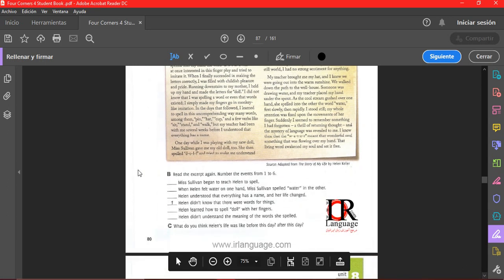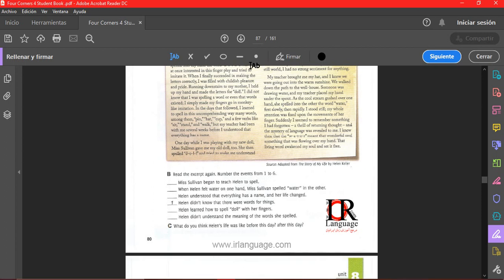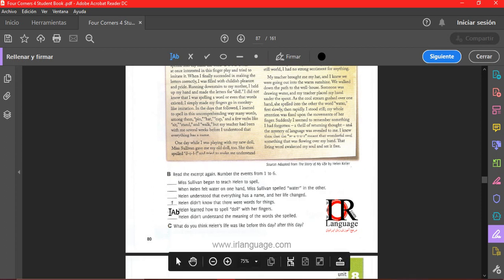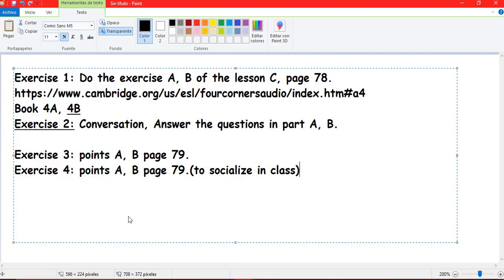And in part B they say read the excerpt again, number the events from 1 to 6. So we read the text and we're going to organize the events using numbers from 1 to 6. And see, what do you think Helen's life was like before this day or after this day?